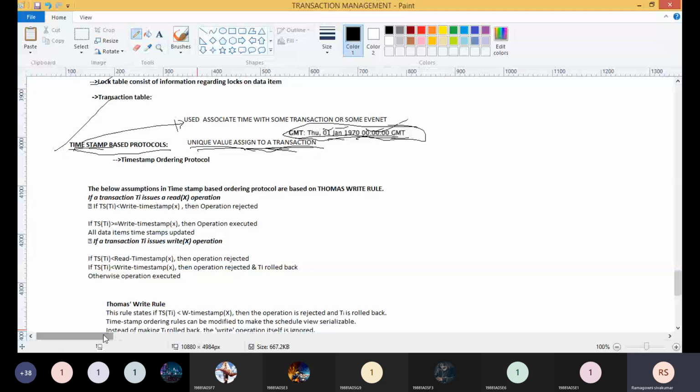We are performing two operations here: read operation and write operation, on the timestamp.